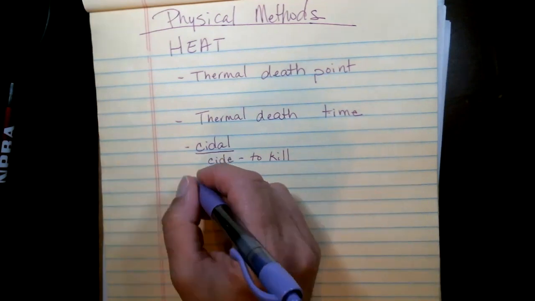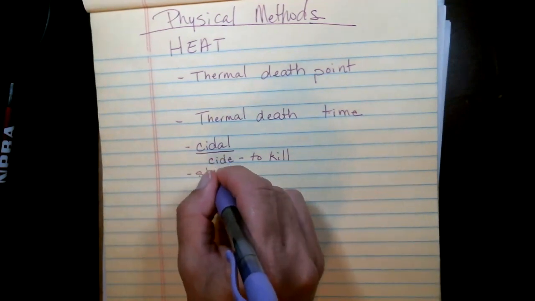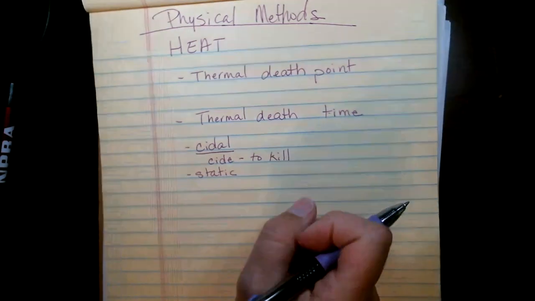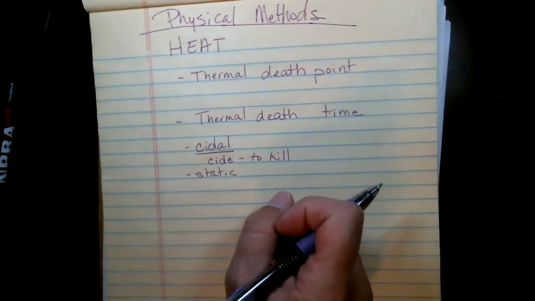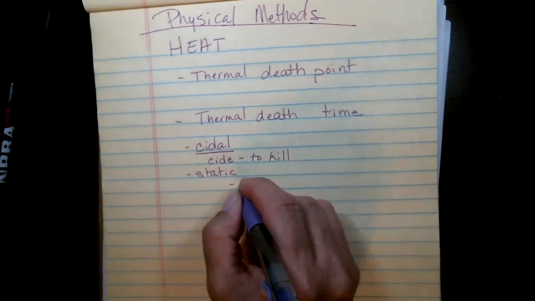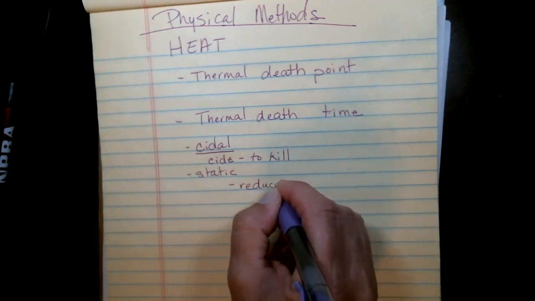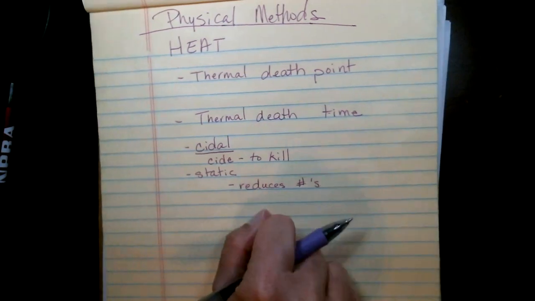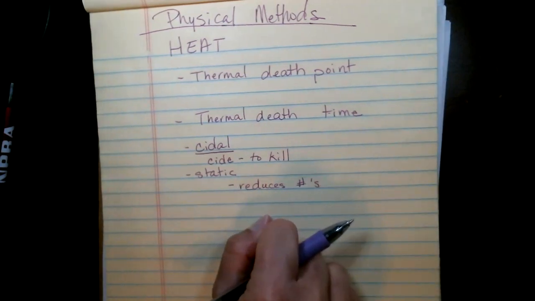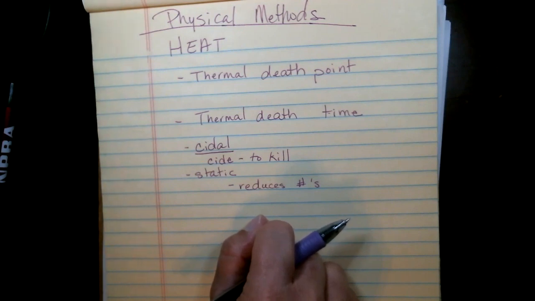Now, there is another term that is a little different. If it ends in static, that means it reduces the numbers. So there are some things that are bacteriostatic. That means they reduce the number of bacteria. Fungistatic reduces the number of fungi.